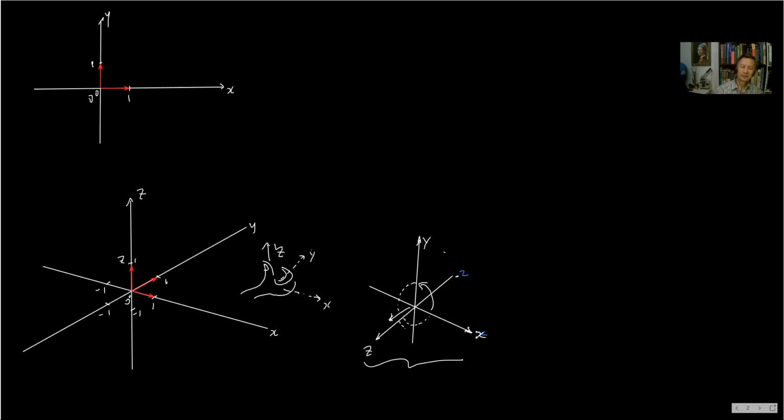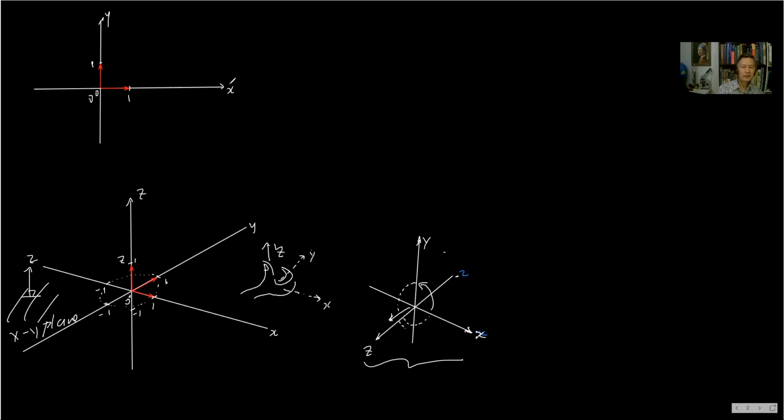You can draw the circle in this plane, which is called the xy plane, a plane surface. So you can imagine that the z is always perpendicular to this surface, right?